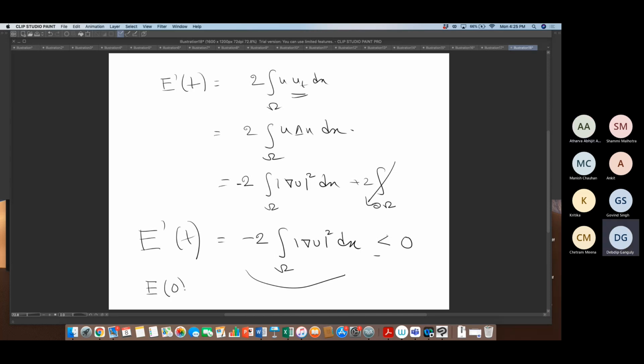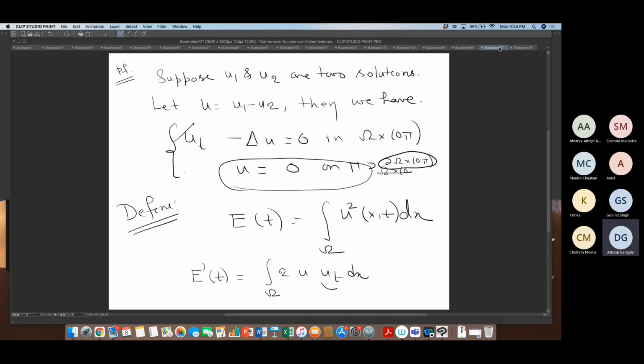Okay. What is E at 0? Just think about E of 0. It will be the integral of u squared (x,0) dx.